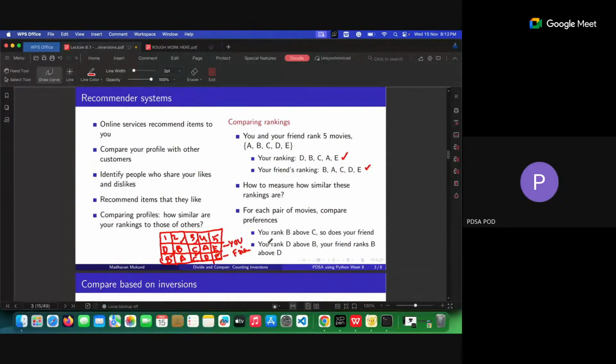It is comparing based on the inversions. So your friend is choosing in the opposite way. What you feel is good, he says is not good. What you said is poor, your friend says is good. So that is an opposite kind of opinion, and that kind of thing is an inversion.